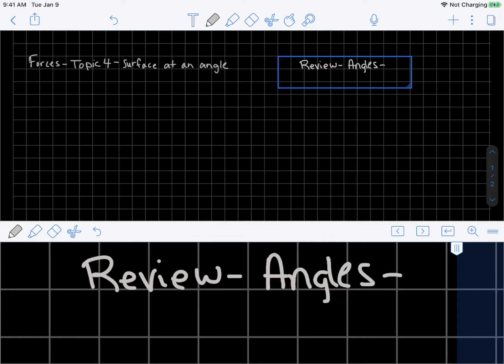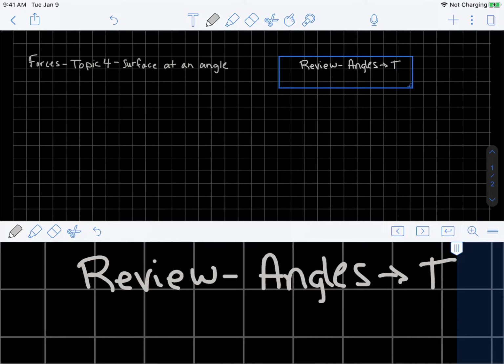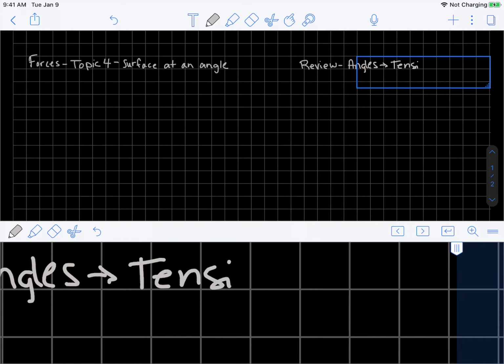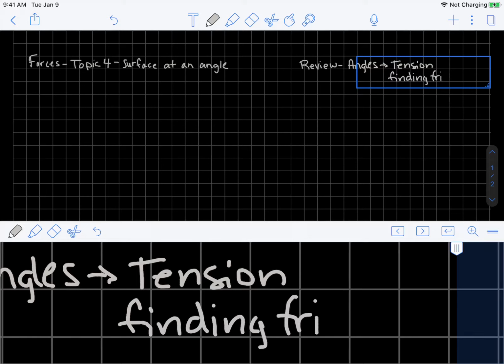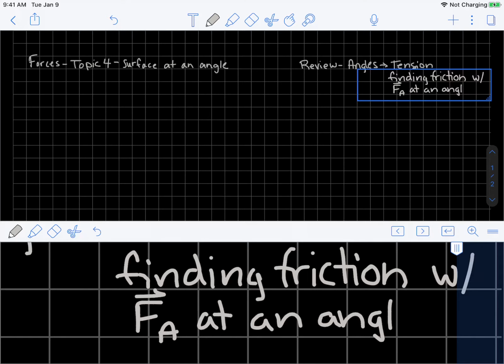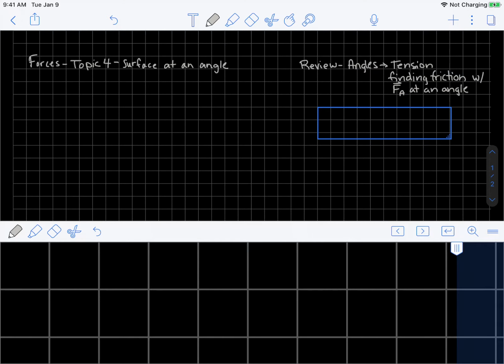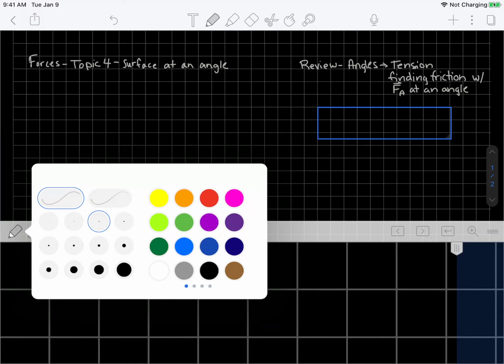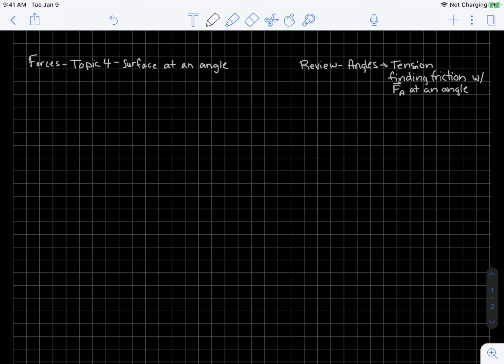That would be tension, and then finding friction with an applied force at an angle. And so I'm just going to quickly run through those different scenarios with you.